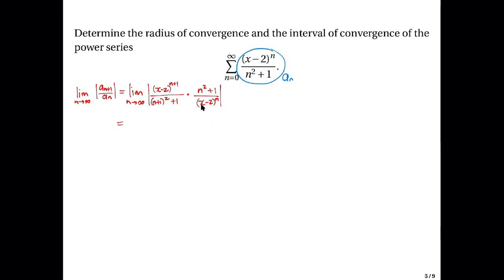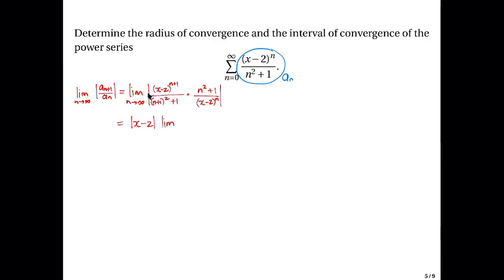And then you can take out that x minus 2 outside the limit, but don't forget to write the absolute values. So I will do that, and you can actually do this.